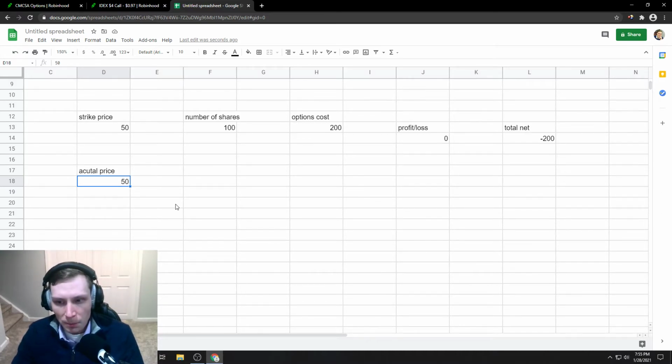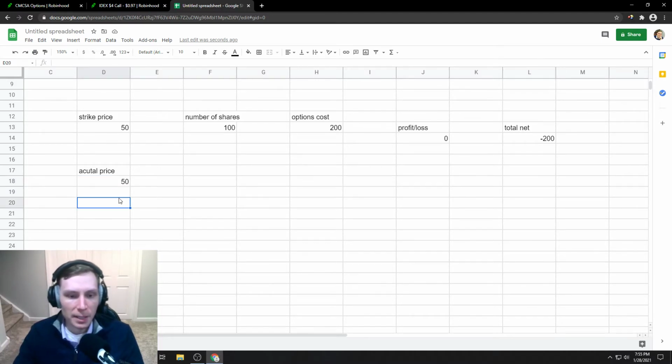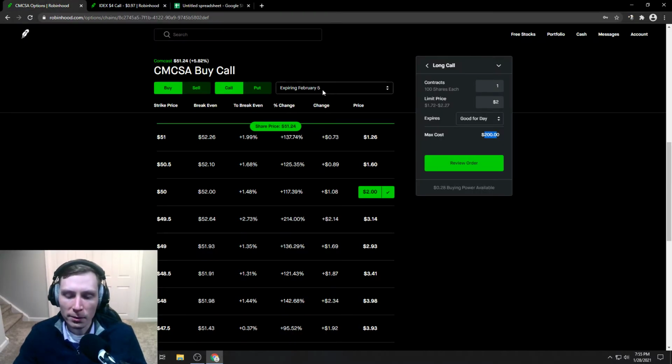So this is if you let the contract go to the point of fulfillment and you decided to fulfill your contract. If the actual price of Comcast when you go to fulfill it is $55. Again, it expires February 5th.